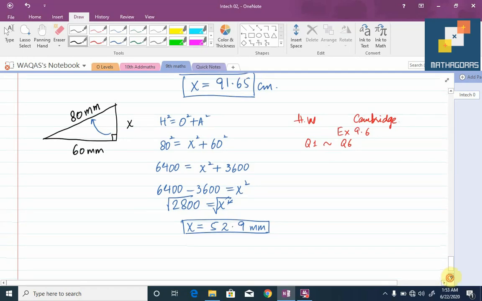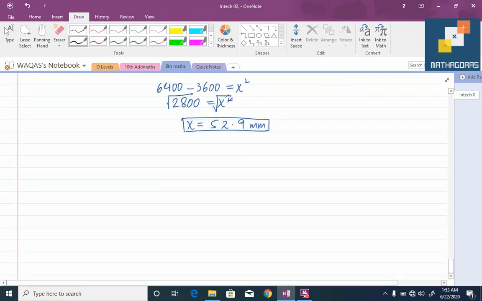Furthermore, now a little bit tricky questions or advanced level questions of Pythagoras. Now let's say there are 2 triangles.